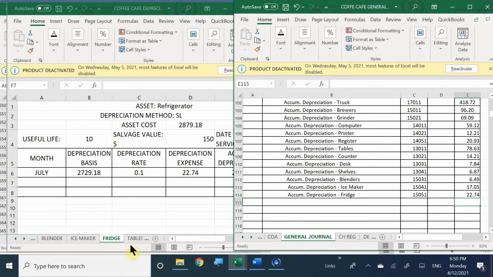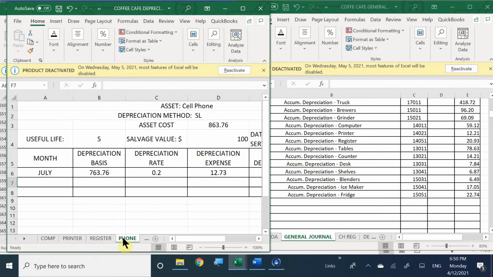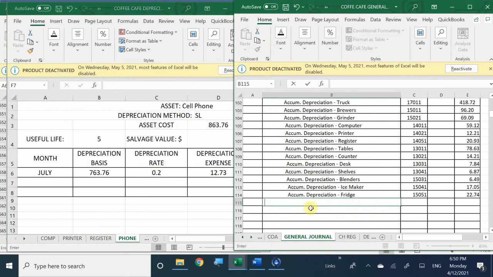And then last but not least, we have the cell phone. Okay. All right. Accumulated depreciation phone, to be a total of $12.73.